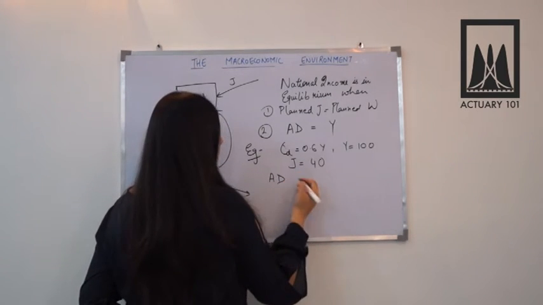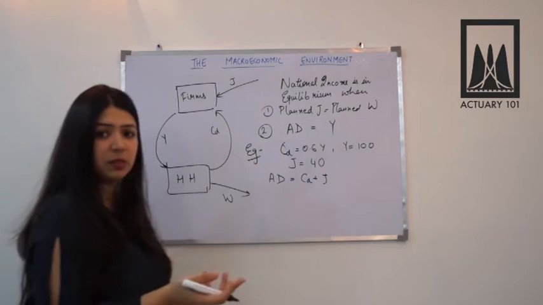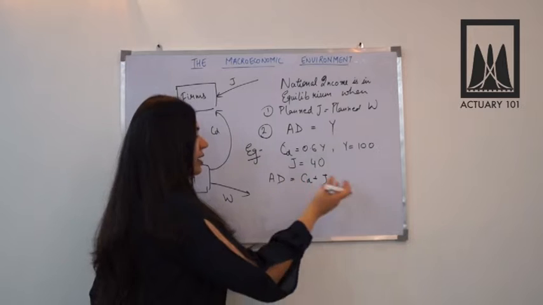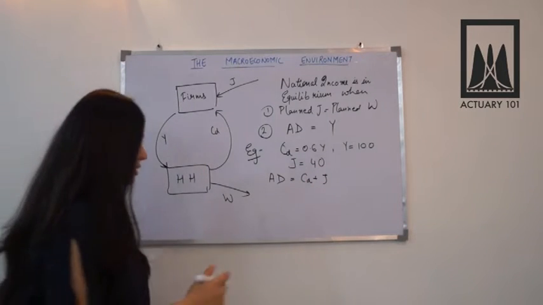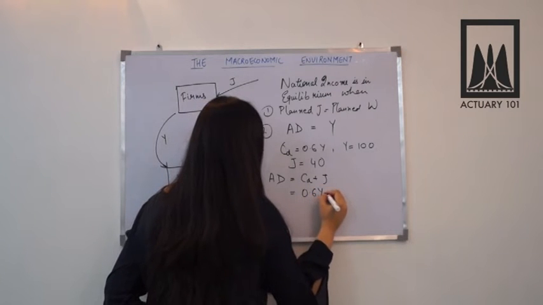Aggregate demand is equal to CD plus J, which we've already seen in the previous class, that aggregate demand is equal to consumption plus injections. So this will become 0.6Y plus 40.